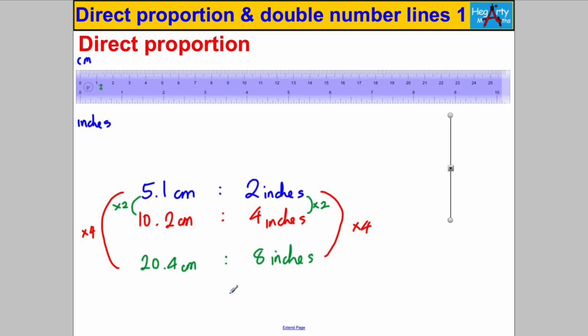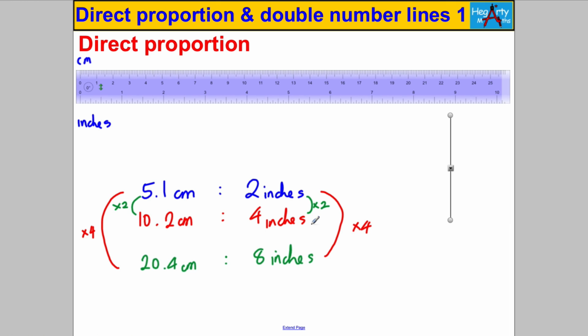Two things are in proportion with each other if one increases at the same rate as the other. So when we double our number of centimeters, we double our number of inches. When we multiply our number of centimeters by 4, we multiply our number of inches by 4. And those two things are what we call in direct proportion.